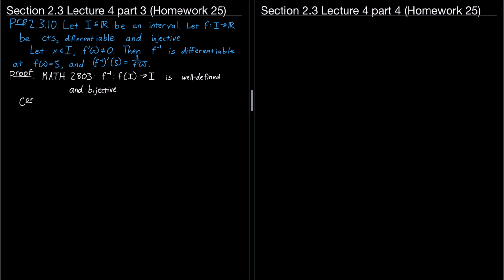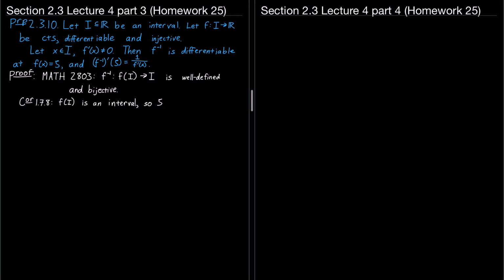So then let's write down a couple of other things we know. So we've got corollary 1.7.8. It says that f of I is an interval. And I'm going to point out every point in an interval is a limit point. And remember, we said limits and derivatives are only defined at limit points, so we don't have to worry about that.